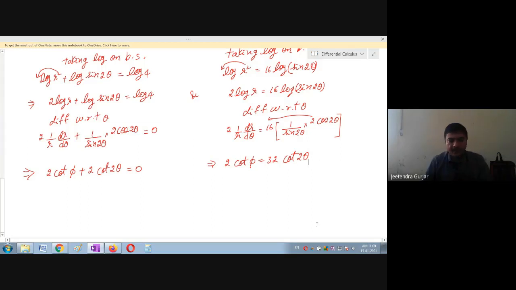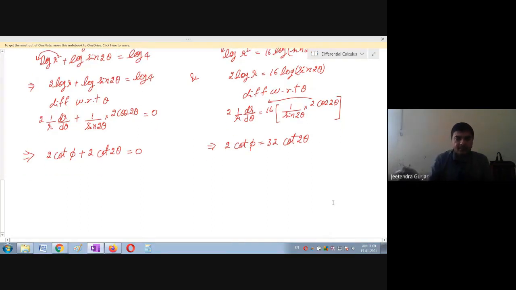Now what are we going to do next? Just simplify one by one. You can see here, I can modify this again. This is 2 cot phi plus, or I will take this 2 cot 2 theta to the right side, so this is going to become minus 2 cot 2 theta. Similarly, here also you just simplify.